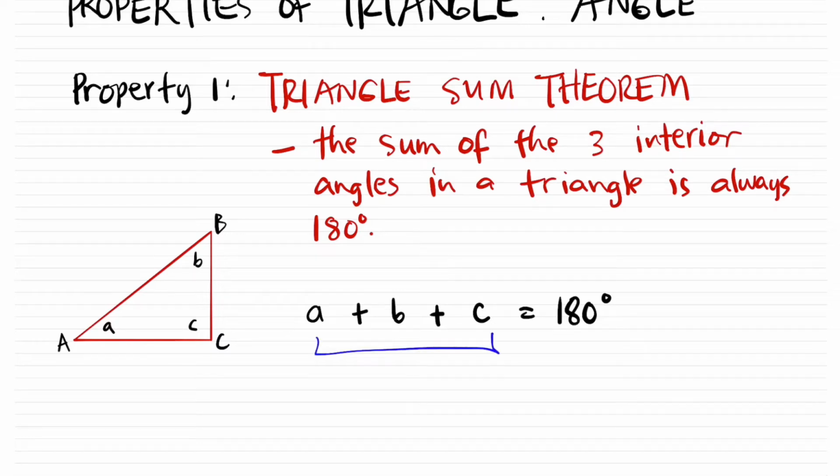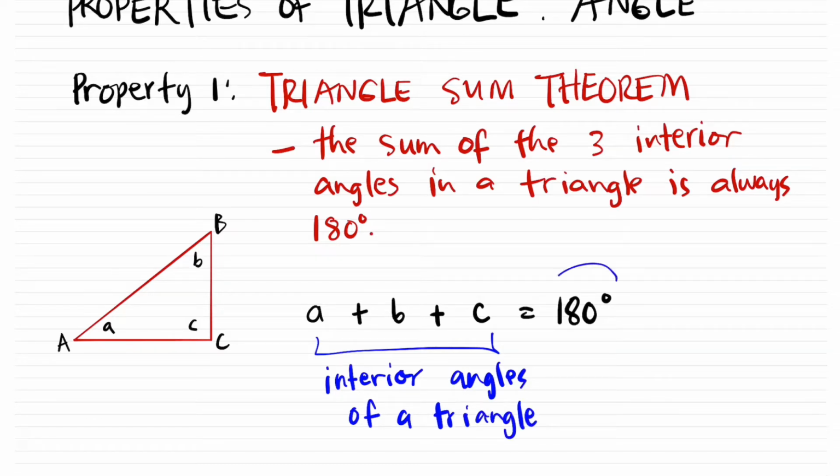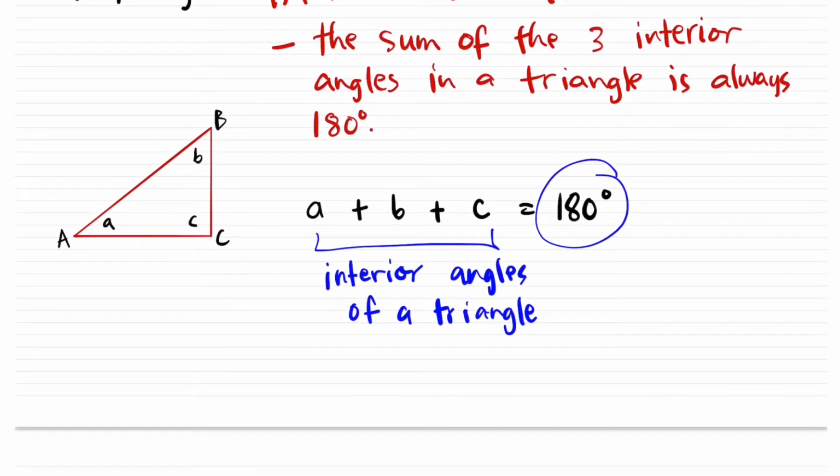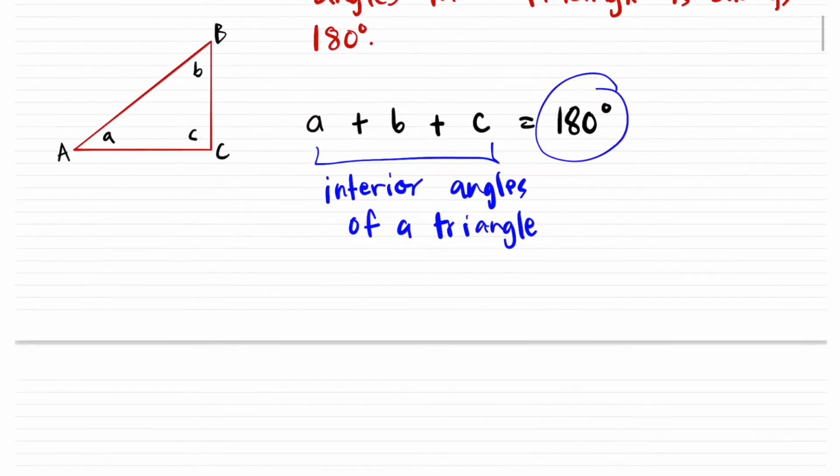These are the interior angles of a triangle, so they should add up to 180 degrees. Let's have an example for that.